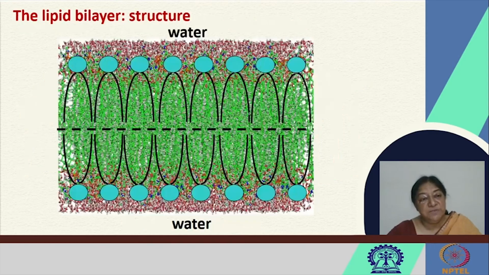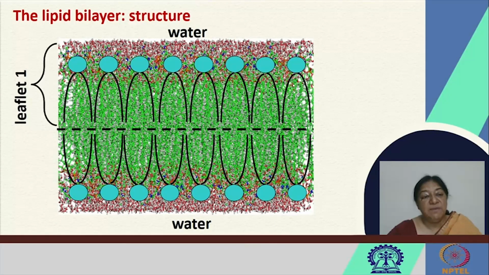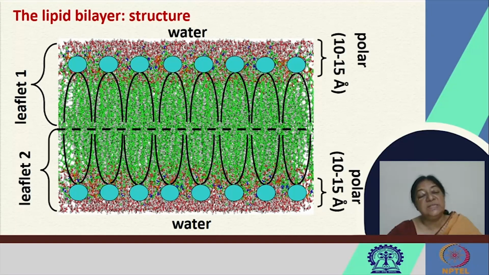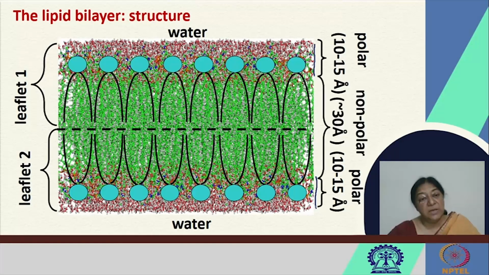So what are these leaflets? This is the lipid bilayer structure, a general structure that says that there is water on either side of this lipid bilayer. We have leaflet 1 and leaflet 2, and there are specific associations in the sense that we have a polar component because of the polar head group that interacts with the water, and we have a hydrophobic, non-polar part associated with the hydrophobic tails.